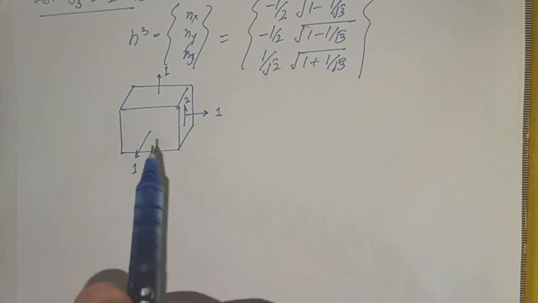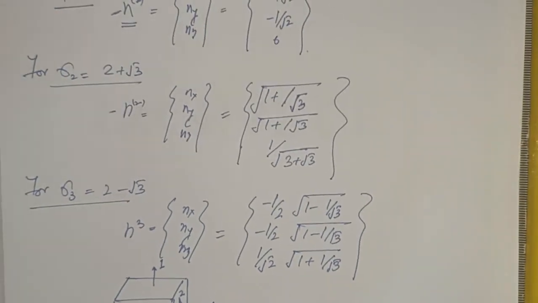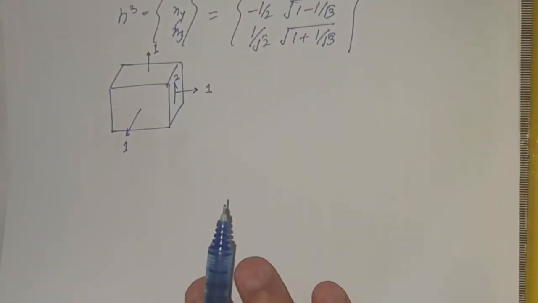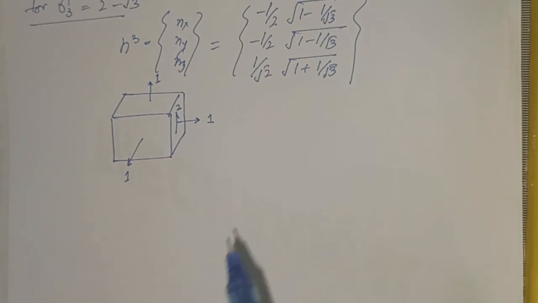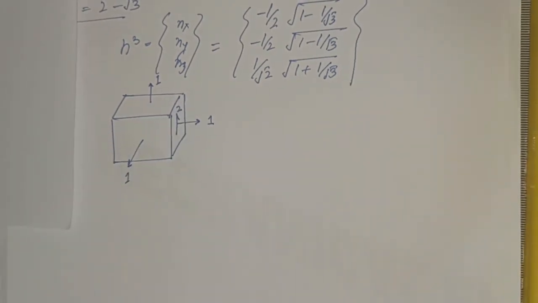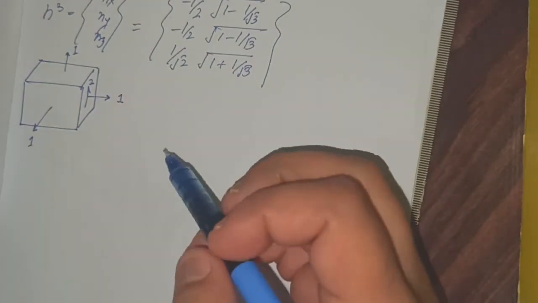Now I will be looking towards the oriented cube, that is oriented at the principal values. So this was your original state of stress. Now what will be the rotated components of the vector?